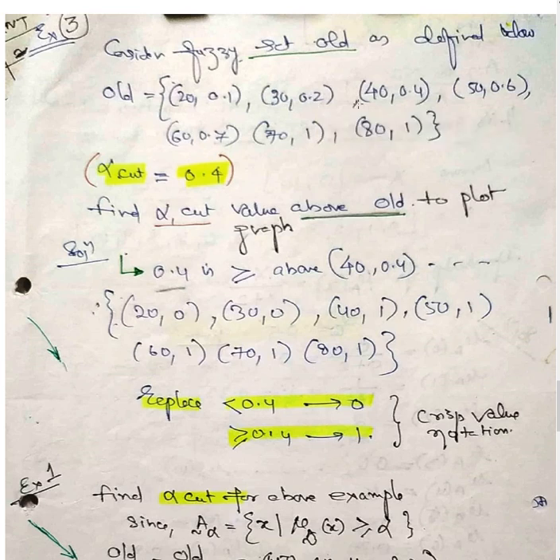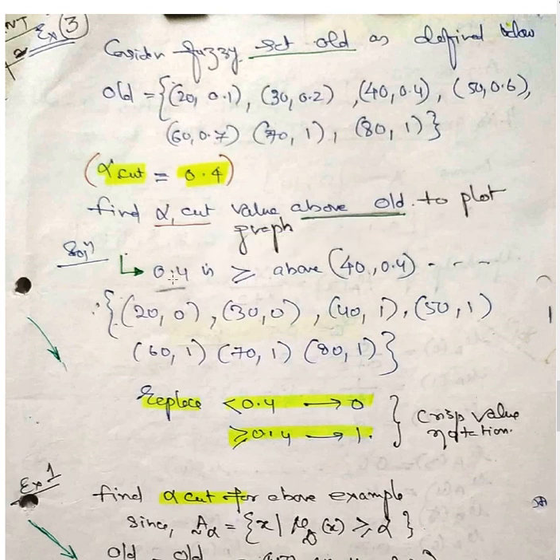Similarly 30, 0.2; 40, 0.4; 50, 0.6; 60, 0.7; 70, 1; 80, 1. Here, considering the alpha cut equal to 0.4, find the alpha cut value and plot the graph. That is how we term this problem.